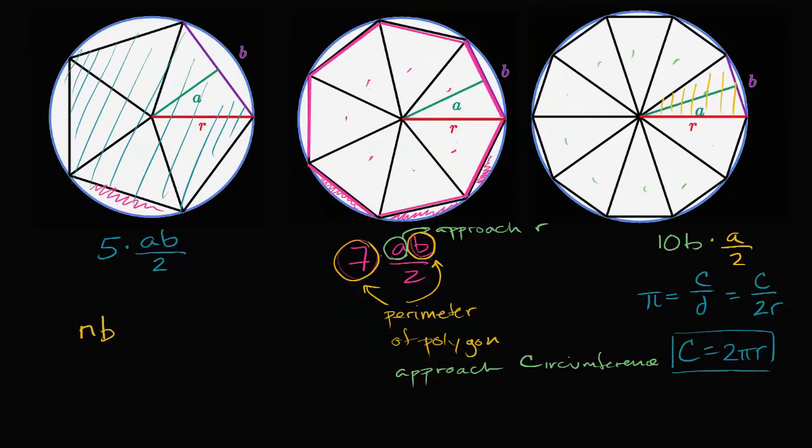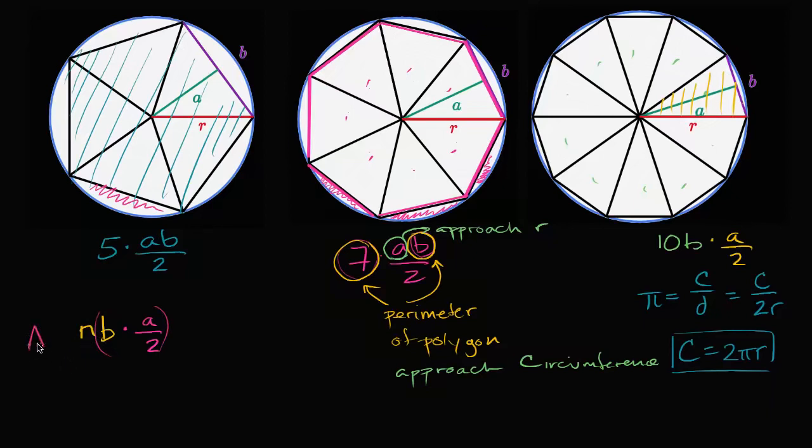So it's n times b times a over 2. And this isn't something mysterious. The base times the height divided by 2, this is the area of each triangle. And then I'm going to have n of these triangles.